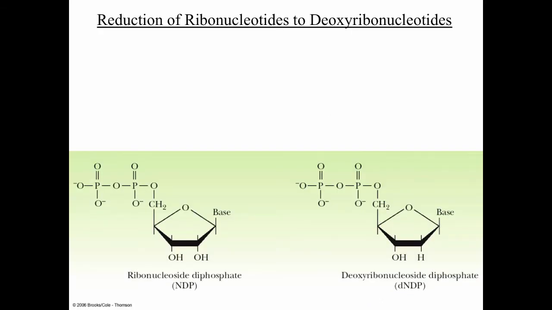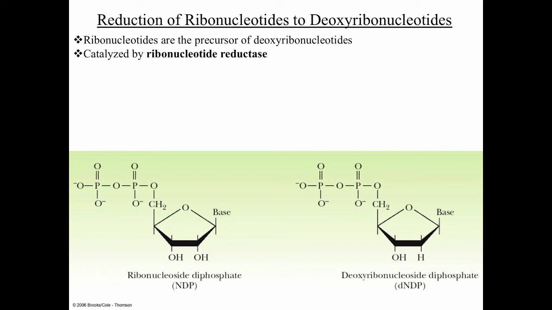Okay, so now we're going to talk about reduction of ribonucleotides to deoxynucleotides. Ribonucleotides are the precursors of deoxyribonucleotides, and it's catalyzed by the enzyme called ribonucleotide reductase.